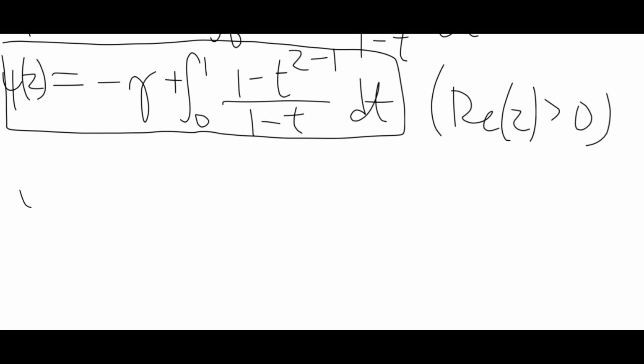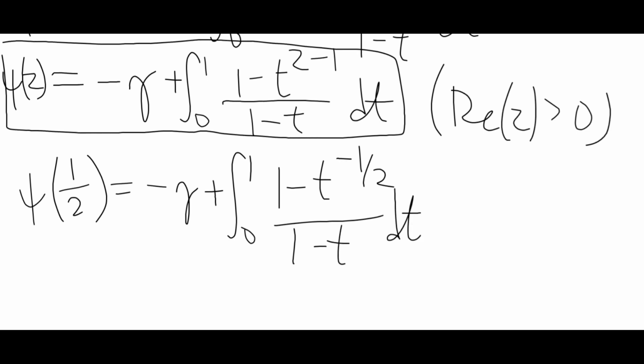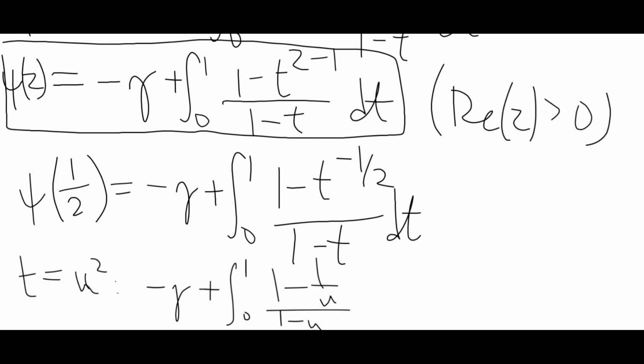So for example, if I want psi of a half, it's minus gamma plus the integral of 1 minus t to the minus 1 half over 1 minus t. And then if I substitute t equals u squared, I get negative gamma plus the integral of 1 minus 1 over u over 1 minus u squared times 2u du.